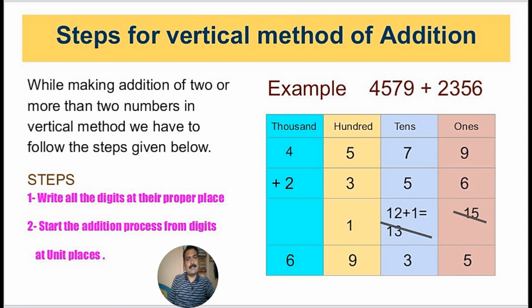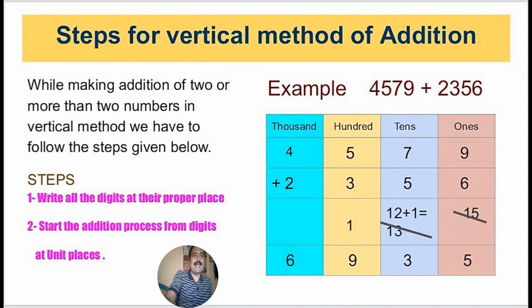Now in the hundreds column, we add the 2 digits 5 and 3. 5 plus 3 is 8, and if we add the 1 carry we get 9. So we write 9 in the hundreds column, and in the last column, the thousands, we add 4 plus 2, which gives 6. So the final answer of this addition is 6935.